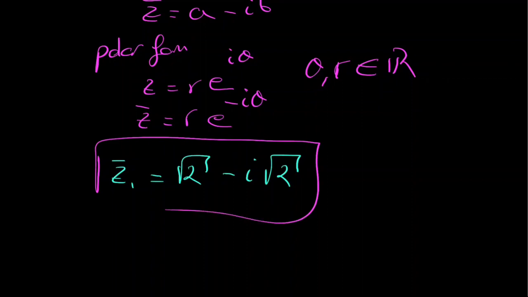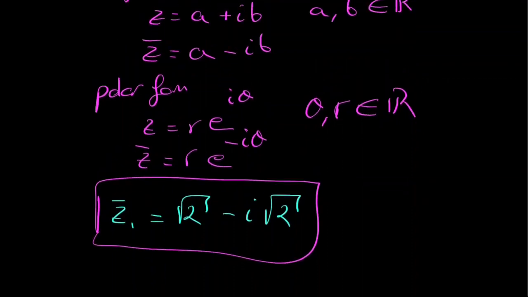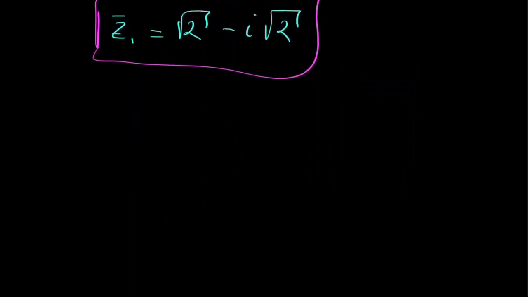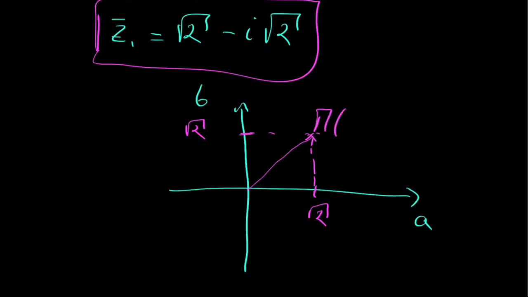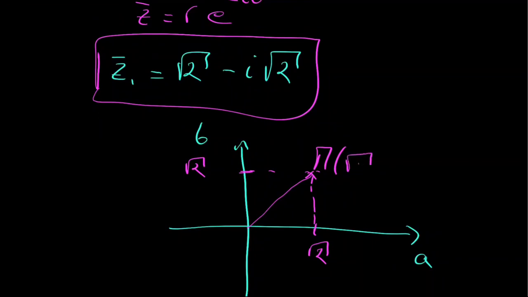Easy one, right? So let's place it on the complex plane to understand a little bit more. So let's write the plane. A here, B here. So we go square root of 2 to the right and square root of 2 to the top. This is the point associated with our number, square root of 2 plus i square root of 2.